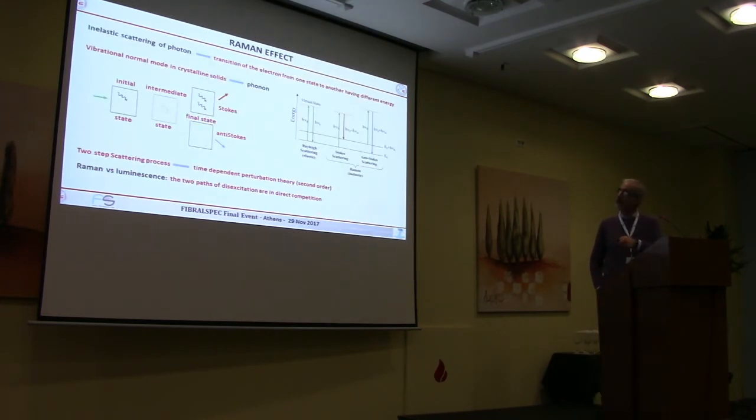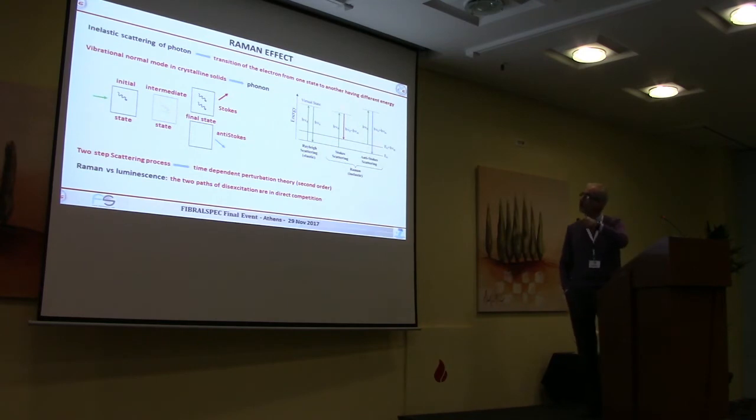I will be very brief on the Raman effect. Essentially, it's an inelastic scattering of photons. You send a photon, and you get another photon with a different energy coming out. Then you have two types. One is Stokes, in which the outcoming photon is lower in energy, and the other is anti-Stokes, in which it is higher in energy. They give more or less the same information.